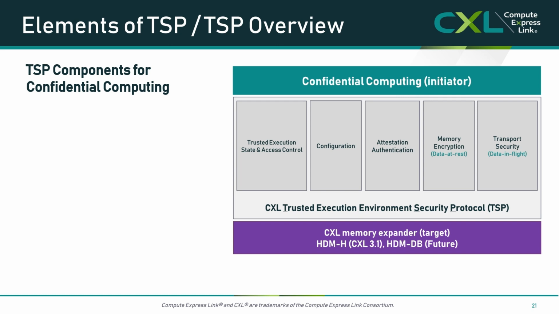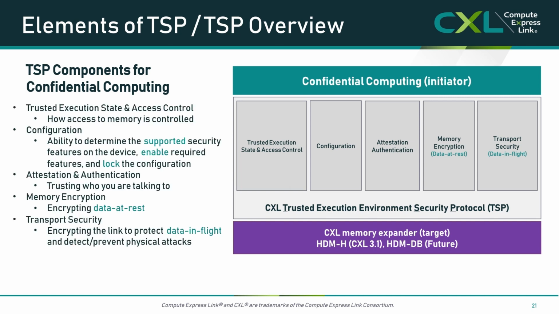How that data gets encrypted is enabled through the spec, as well as the transport security. This is the data in flight. This is primarily the IDE part. Currently, the TSP definition is defined to support HDM-H, directly connected memory expanders, but we do intend to extend this in the future for coherent memory, the HDM-DB memory type, as well as for switches.